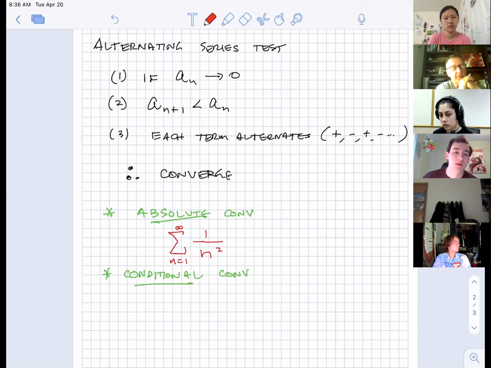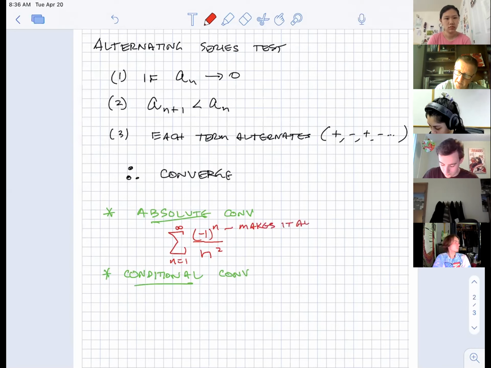So who cares if it alternates or not? So if I come up here and I throw a -1 up there and now make it alternate, so this is the part that makes it alternate, then that's considered absolute convergence, just because it would have converged anyway. Who cares if there's a negative sign? It just converges faster now.